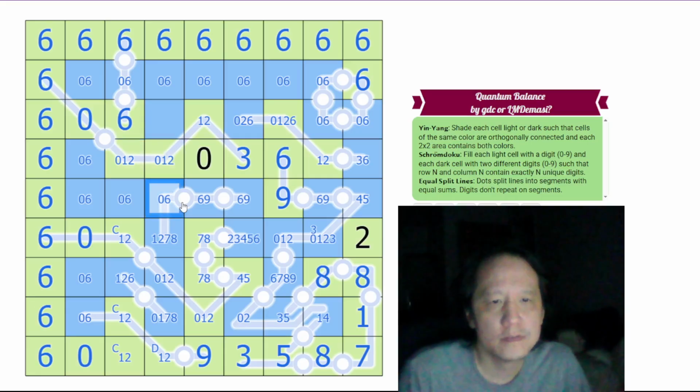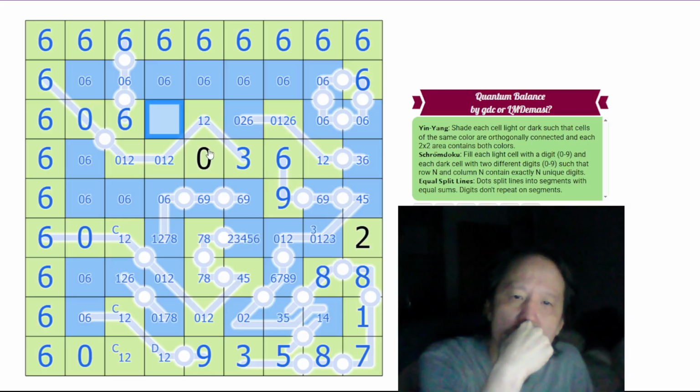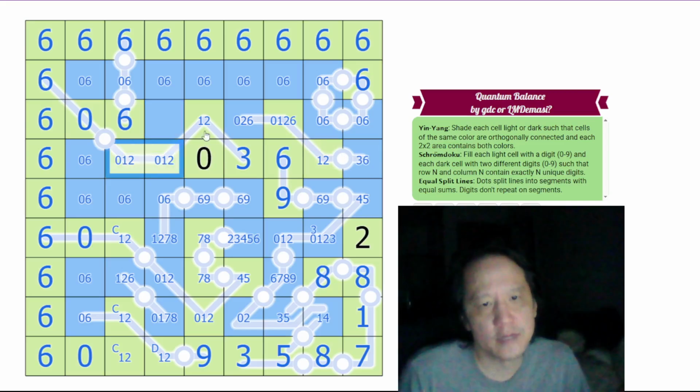This could be 0, 6. So this digit is the same as this. It's different than that. Okay, so let's start marking those then. Maybe that will help.